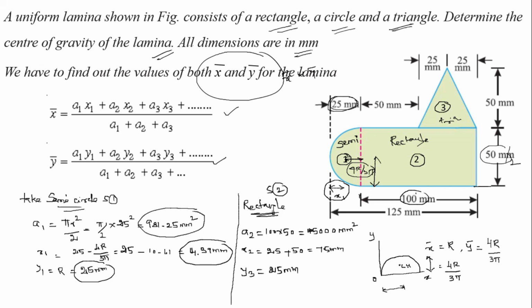The next one, section 3, is a triangle, with dimensions 50, 25, 25.